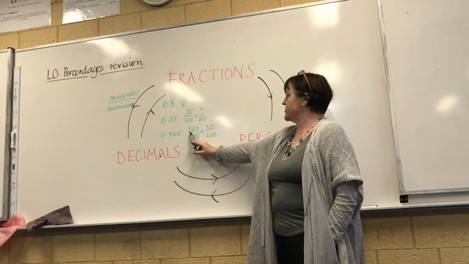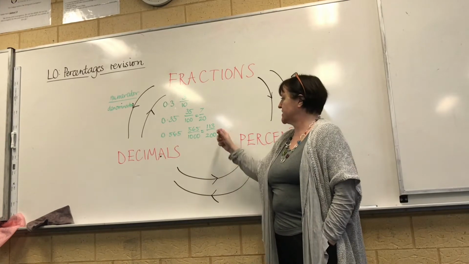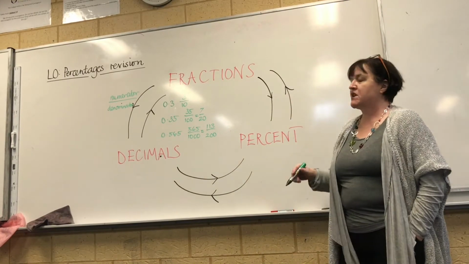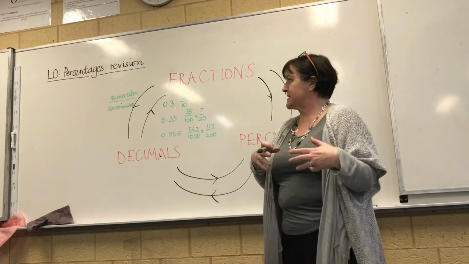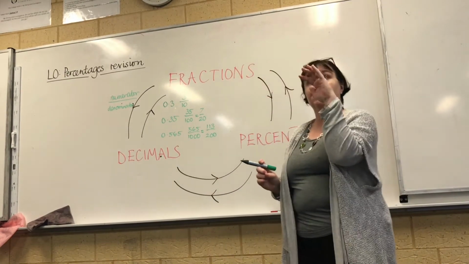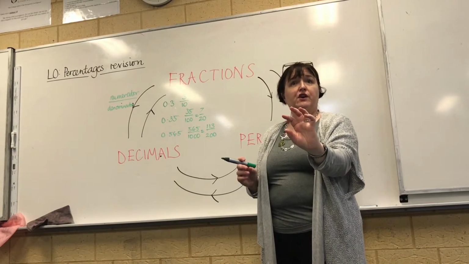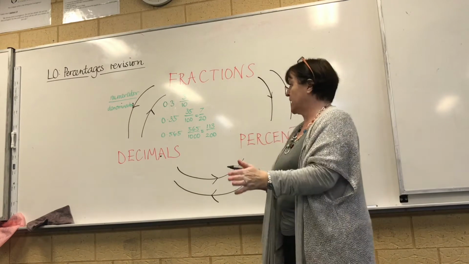Because there's 100 in 500, 100 fives, and then 13 in 65. So 113 over 200. So that's what you do. So from a decimal to a fraction, count the place value, put the decimal over the correct denominator and simplify.